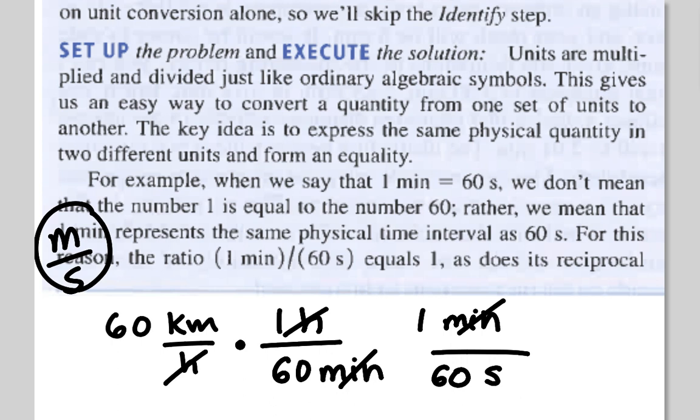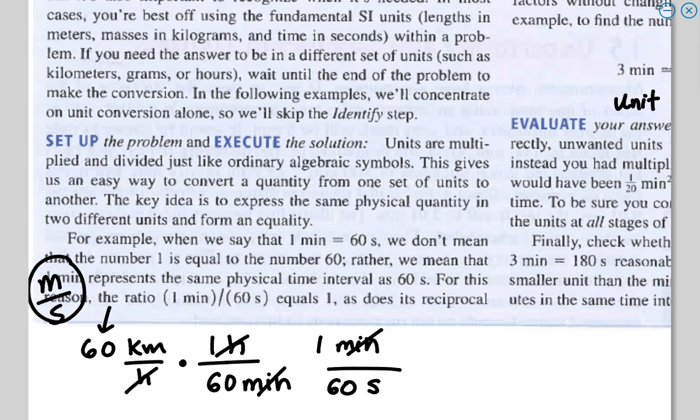If I want kilometers per second, all I have to do is divide, start with 60, right? Divide 60, and then divide 60 one more time. That would be kilometers per second. But I don't want kilometers, I want meters. So I got to multiply by one more thing. I want kilometers to go away, so where's it going to go? In the bottom, because I got kilometers in the top. And I could put meters up top. What's the relationship there?